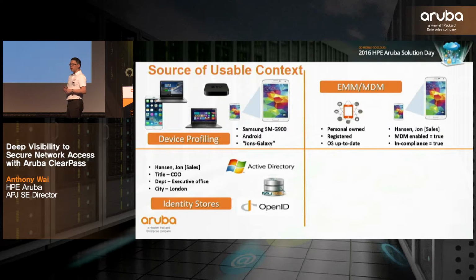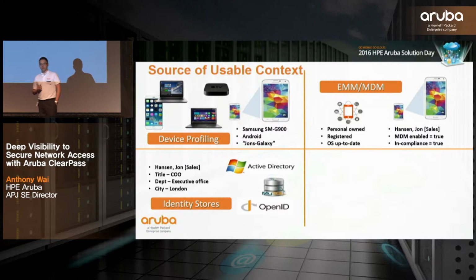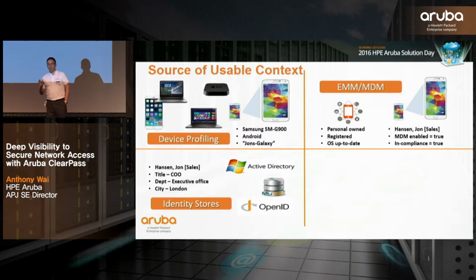And we also try to gather more information through ClearPass Exchange, tapping into the mobile device management server. In MDM, because there's an agent sitting on the device itself, we can actually have visibility of things that ClearPass cannot see. For example, is there any application running on the device?